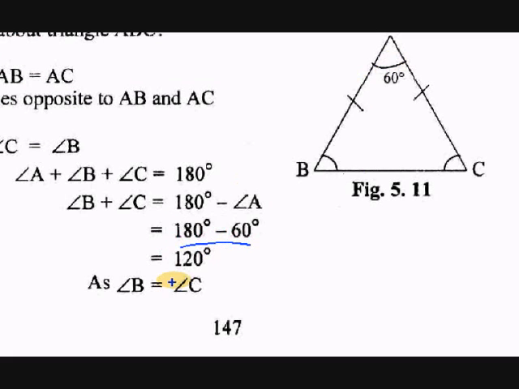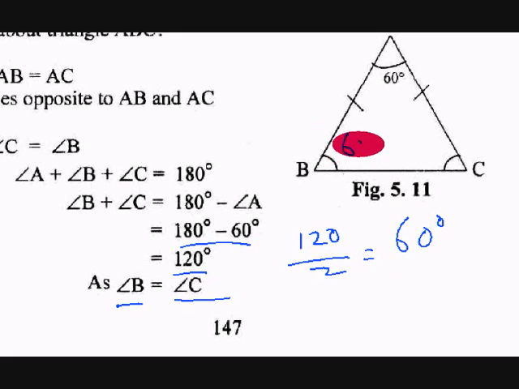When we subtract this, we are left with 120 degrees. So angle B equal to angle C. Since angle B and angle C are equal, 120 divided by 2 is how much? It is 60 degrees. So we add equally. Now all these angles are equal.